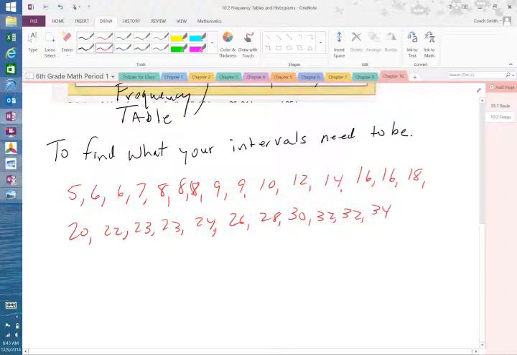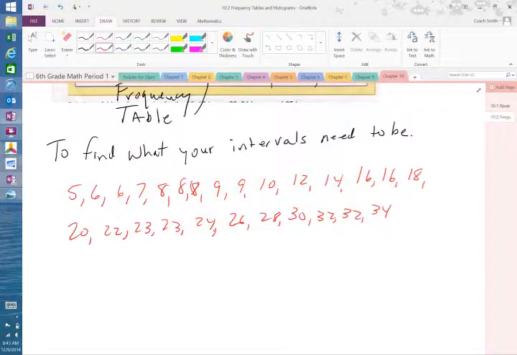The reason we do a histogram a lot of the time is because we have a lot of data, a lot of numbers that we have to process. If I was doing a bar graph here, you'd have a ton of bars, so we can't do bars in this case because we don't have a distinct number.